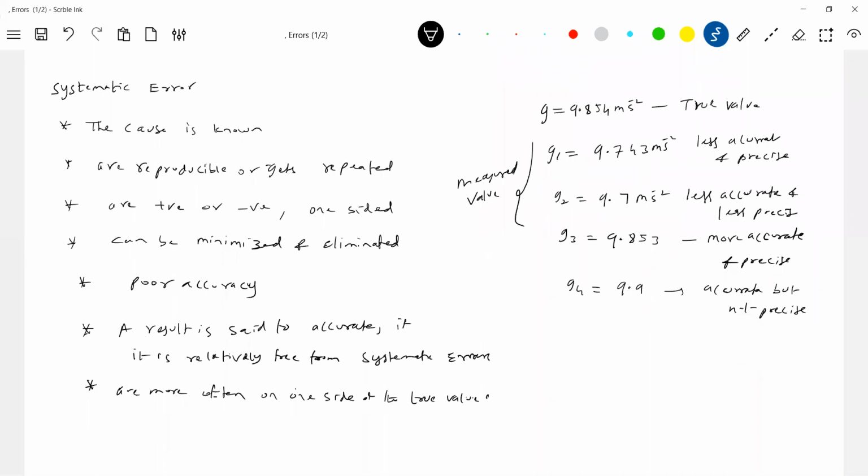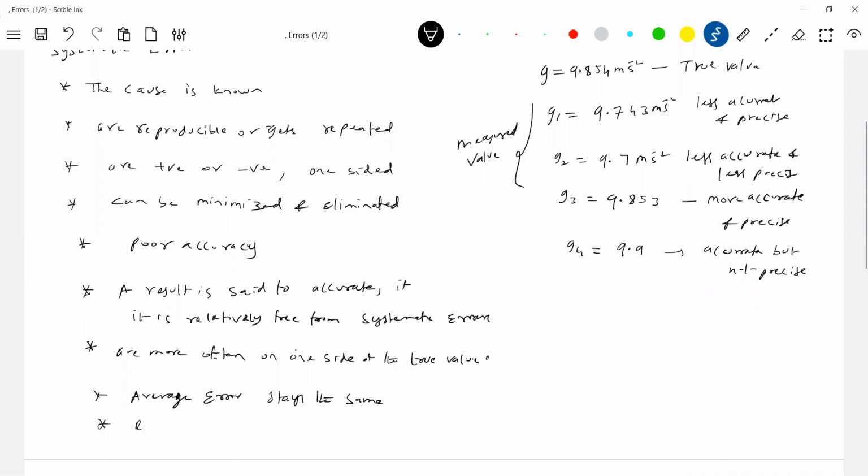The average error stays the same. It means you take the error in all the observations and take the average, it will be the same.